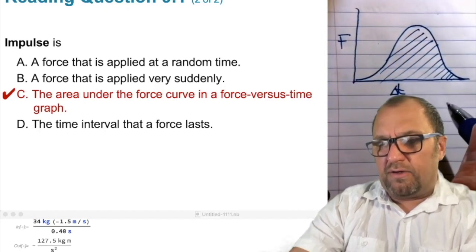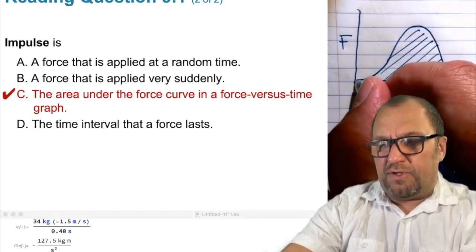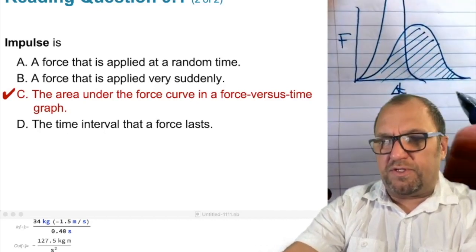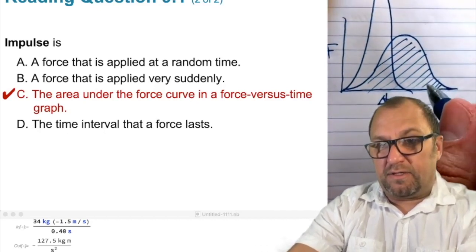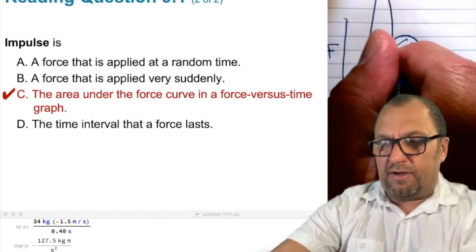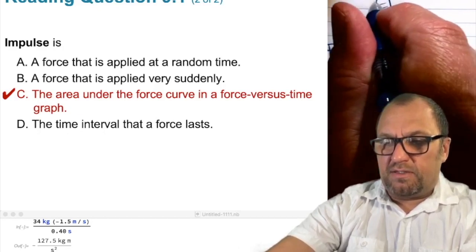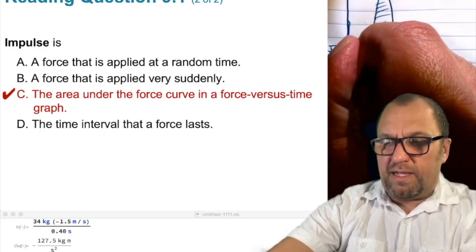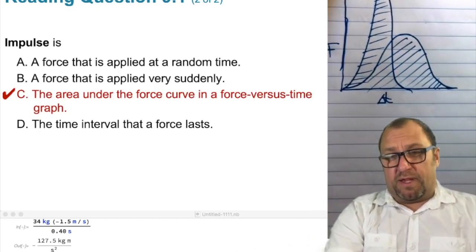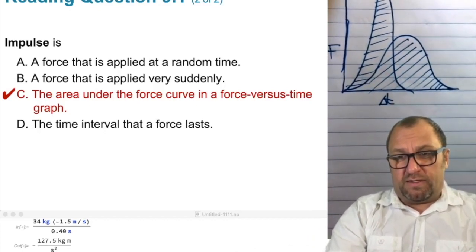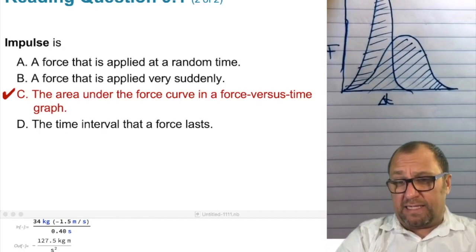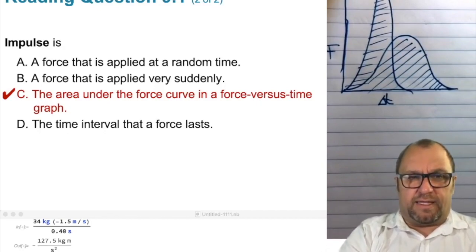Now if the time is short, then my force is going to be higher, so this is the higher curve up here. If we want to minimize the force, then we can increase the impact time. That's how we would do it. That could make things safer if you were in an accident, things like that.